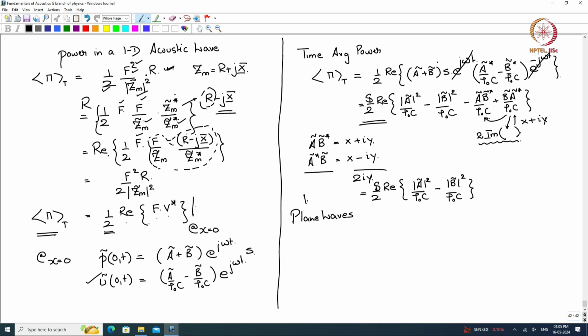In 1D plane waves, the net averaged power expended by the source is the right travelling wave power minus the left travelling wave power.